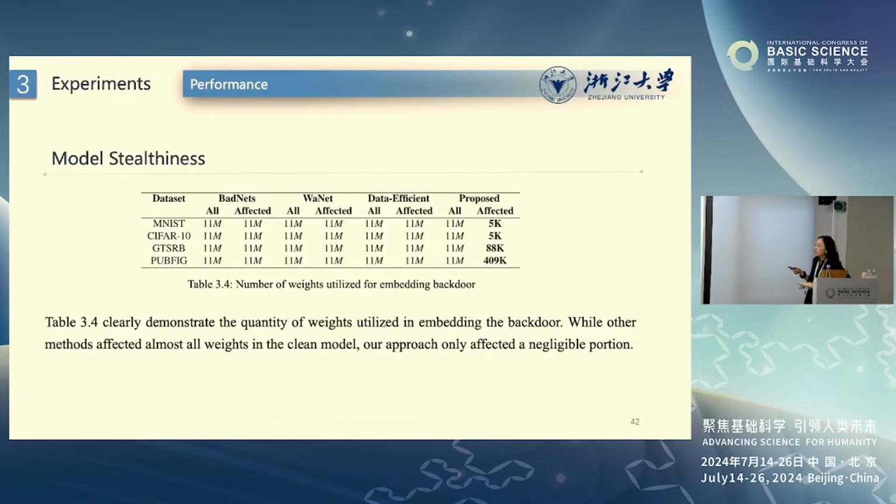When we're using the attack model or parameter, very serious is like a very small number.